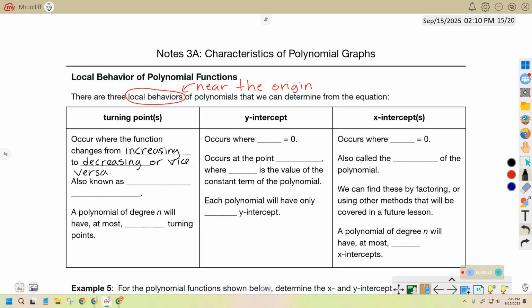So it changes from going up to going down, or it changes from going down to going up. Yeah, those are called turning points. We have seen them before when we talked about what graphs look like. We called these guys local mins or maxes, also known as local extrema.